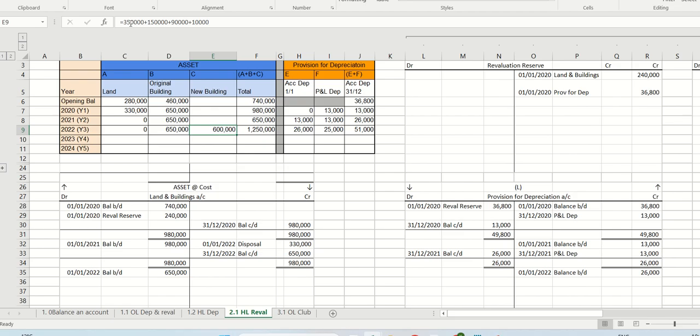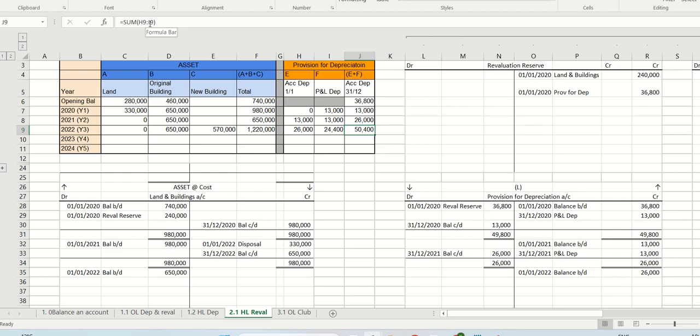Oh yeah, sorry, I have a typo here. 320, 150, 90, and 10. There we go. So 570,000 is the value of our new building. And then our total buildings are going to be 1220. And then our depreciation is going to be 24,400. Yep, and we're good to go.